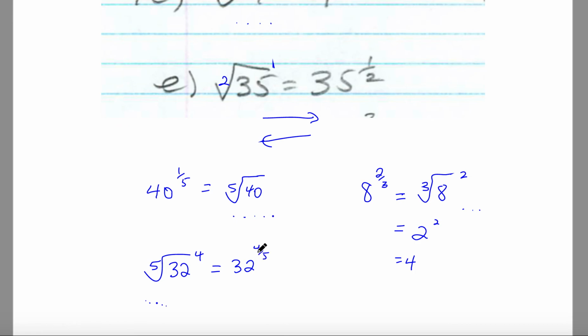Maybe you see it written like that. But what that's asking you to do is find the 5th root of 32, which I think you might see on the video for your calculator is 2. So however you write it, but it's still to the 4th. So 2 to the 4th is 16. So you should be able to recognize those two values, that they are actually equal to each other. They mean the same thing.